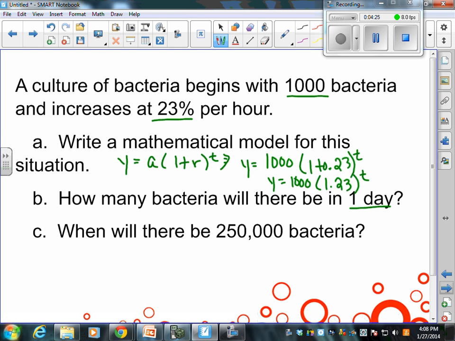Then the question is, how many bacteria will there be in one day? Now you do need to go back and look, because the units here were hours, so I need to convert one day to 24 hours. So then my equation would become 1,000 times 1.23 to the 24. So again, we can grab a calculator.